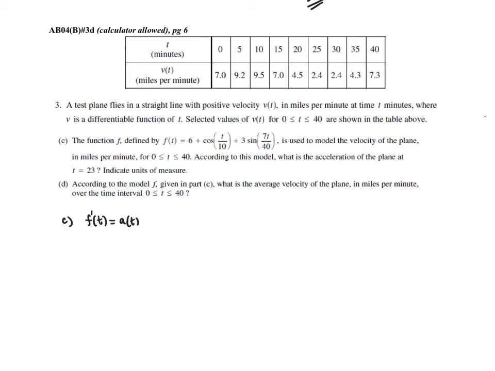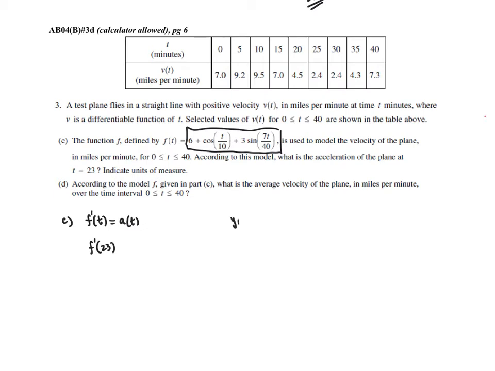That means what I want to do, and of course this is calculator allowed, so I'm going to plug f of t equals this in for y1. All right, so I'm going to find f prime at 23 by doing the following.